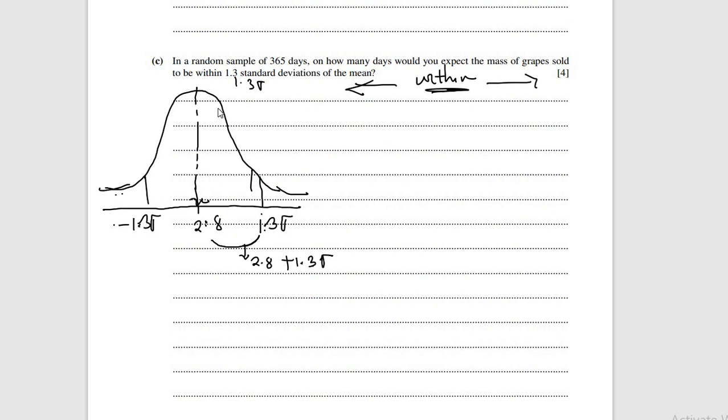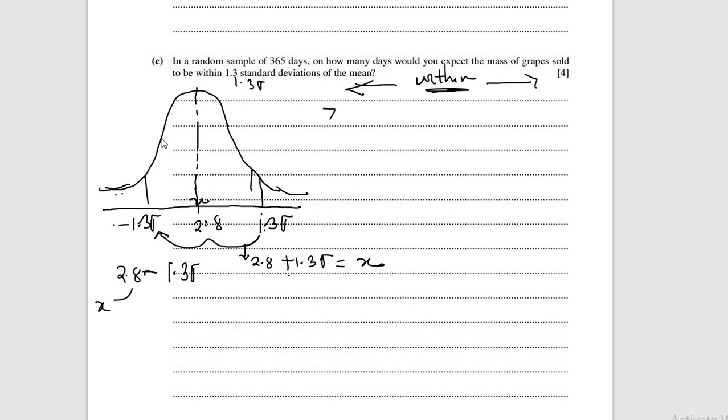And toward the left, there is subtraction. That will be 2.8 minus 1.3 standard deviations. So this is our x toward the right, this is our x toward the left.